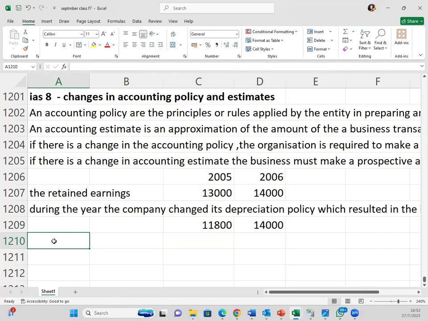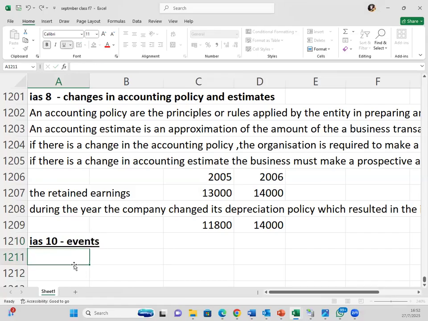Then let's move on. Besides IAS 8, we have IAS 10. These aren't new standards. These are also part of some of the standards which are there in F3. Like IAS 10, these are events after the reporting period.